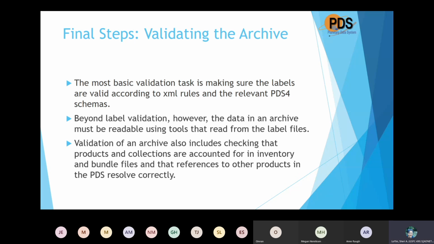It also includes checking that your products and collections are accounted for in those inventory files that I showed you early on. So remember to keep up with your inventory files in those collections. As you add data products, add them to your inventory files so that all products are accounted for and they resolve as we're checking and going through the validation.